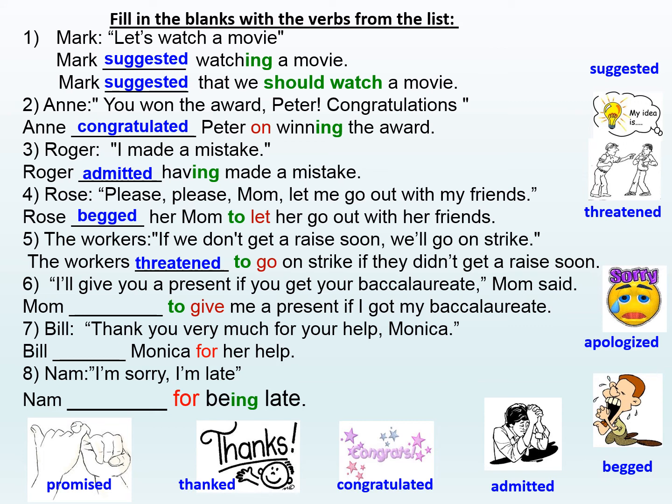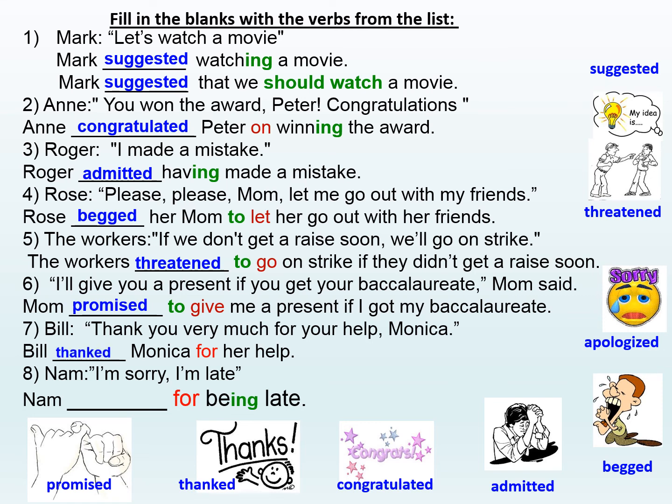Number 6, I'll give you a present if you get your baccalaureate, Mom said. So this is, of course, a promise. Good. Mom promised to give me a present if I got my baccalaureate. Number 7, Bill said, thank you very much for your help, Monica. So what did Bill do?